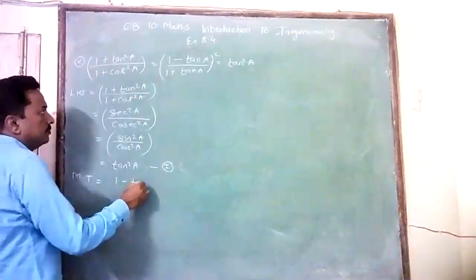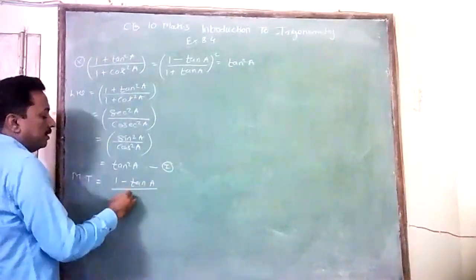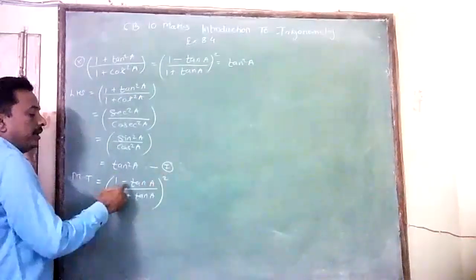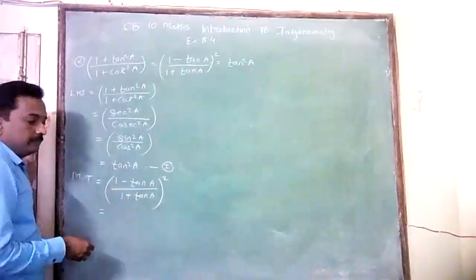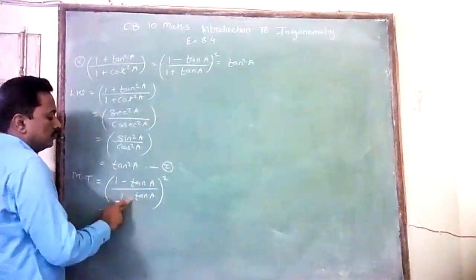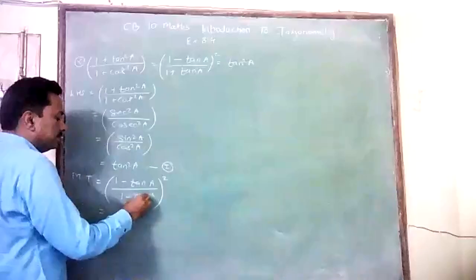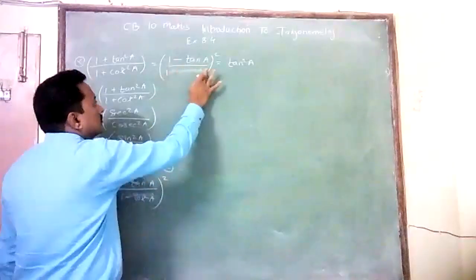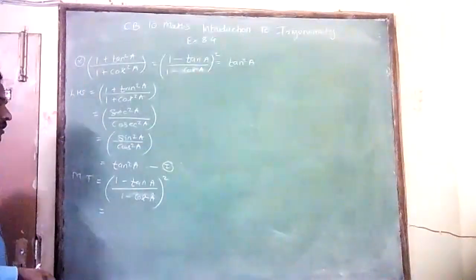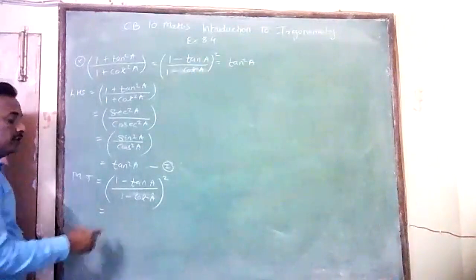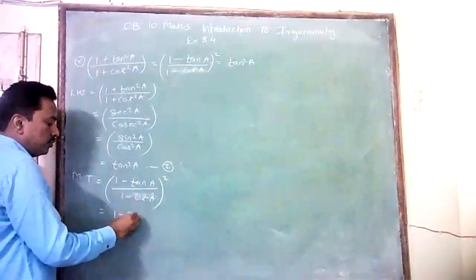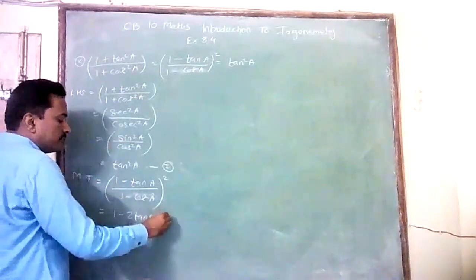1 minus tan A and 1 plus tan A whole bracket square. So A minus B whole bracket square and A plus B square, minus cot, 1 minus cot A whole bracket. So a minus b whole bracket square get introduced here. So a square minus 2ab and then b square.